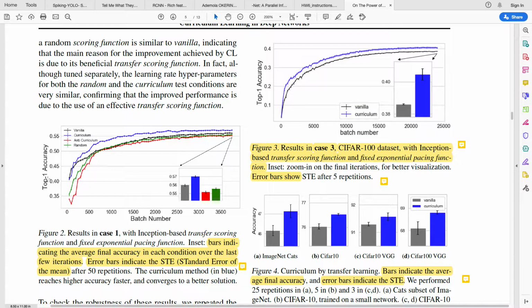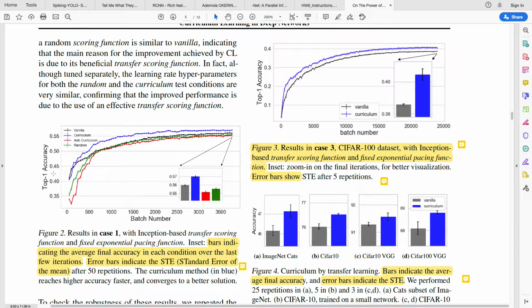Top 1 is saying essentially that if the ground truth is a cat and your network predicts a cat, then that matches the ground truth exactly. That's the top 1. Top 1 is just the exact prediction.